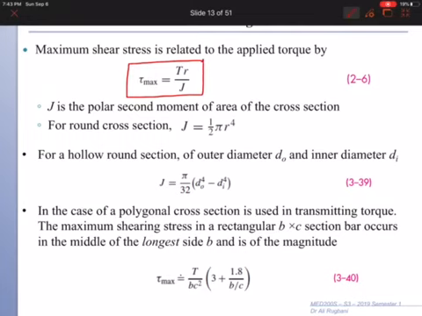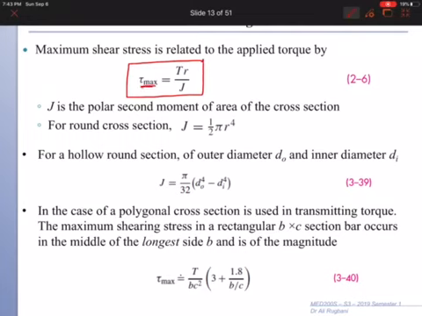So in this equation, you see we say tau maximum, because we are interested in maximum shear. And in the formula, you see torsion T, and R, this R is the radius, and J is the polar second moment of area, and it depends on the cross section, whether it is circular, tube, square, and so on. So in the formula we use R, radius.